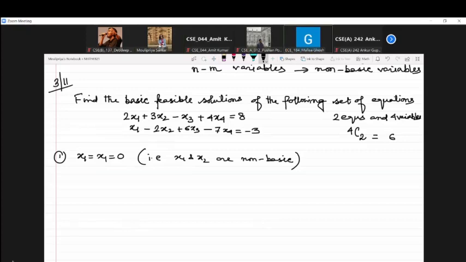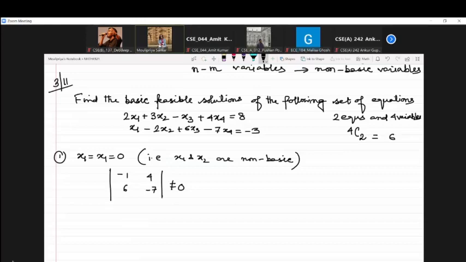When the determinant is non-zero. Very good. When the determinant comprising of the coefficients of x3 and x4, that is -1, 6, 4, -7, is non-zero. And of course, this is non-zero. So the solution that we are going to get would be basic.